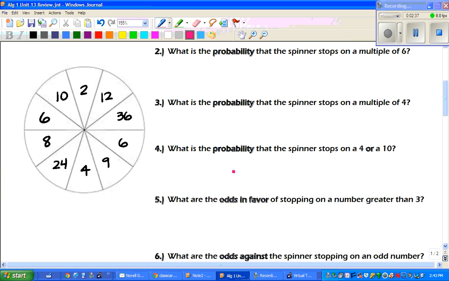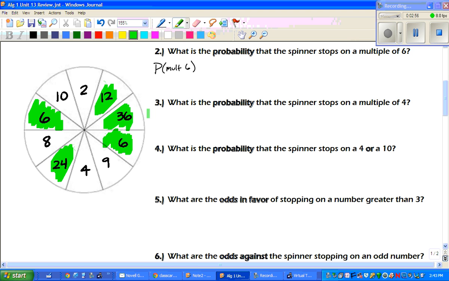Probability. What is the probability that the spinner stops on a multiple of 6? So we're doing probability of multiple of 6. Well, the multiples of 6 are 6, 12, 24, and 36.